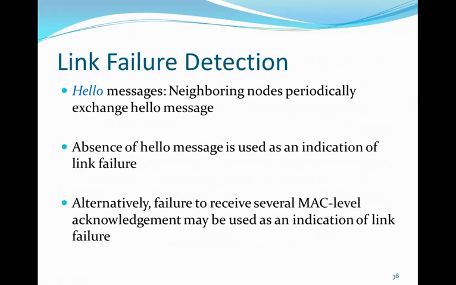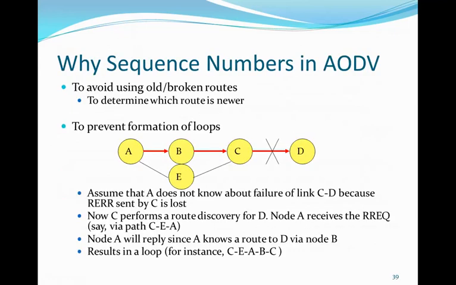Alternatively, we also have MAC level acknowledgement which can help us detect the link failure, based on which we can design the route error packet with a higher sequence number and share it with the other neighbor nodes.